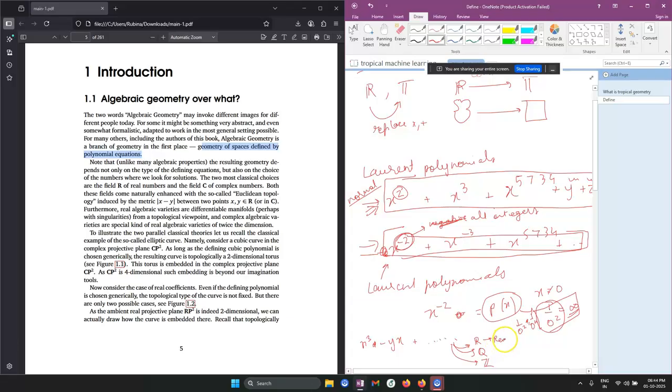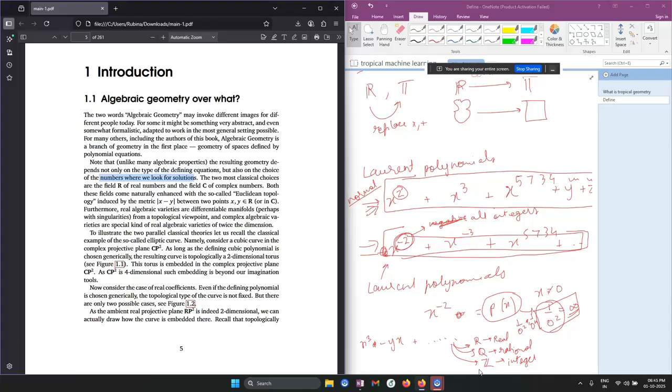So this would be real, this would be rational, and this would be integers. So when the author mentions where we look for solutions, this is what he means, okay? You can go ahead.